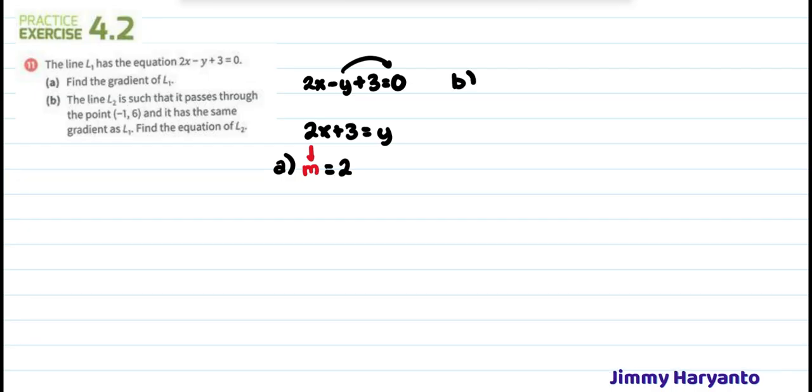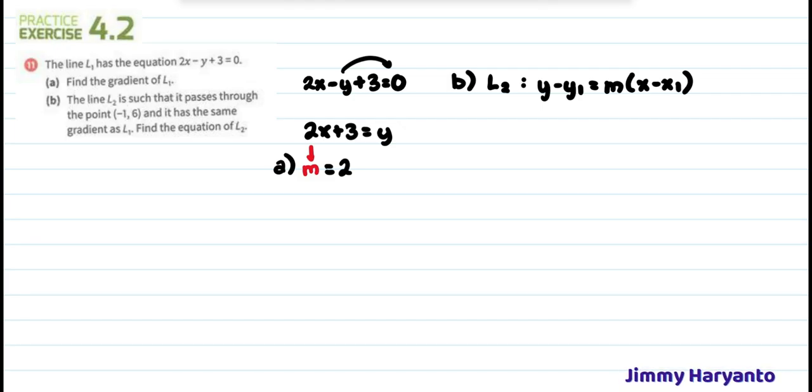And then for the B, we have another line which is L2. L2 is y minus y1 equals m times x minus x1. The question says it passes through negative 1, 6. That means this one is the x1 and y1.